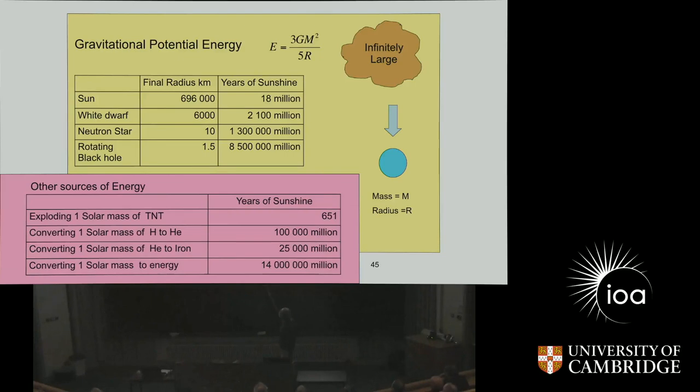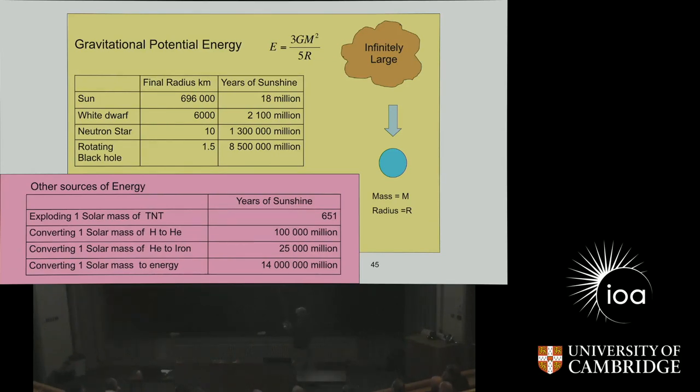It's quite interesting just looking at converting the whole of the sun from hydrogen to helium, which of course we don't do. It would keep it going for 100,000 million years. Converting helium to iron, which is the next stage up, would only give you about a quarter as much energy as you got from converting the hydrogen into helium. And converting a solar mass into energy through E equals mc squared gives you this 14 million.